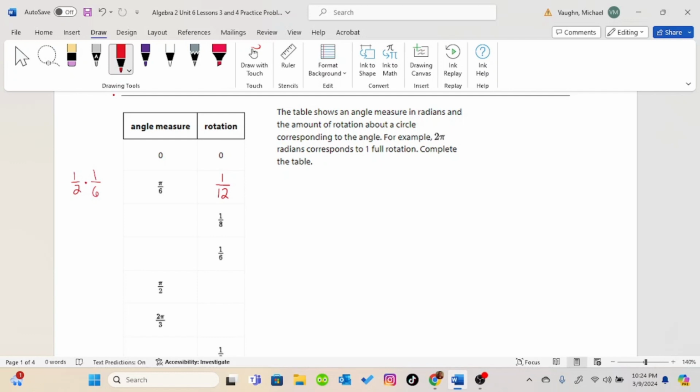Next, we have 1/8 of a rotation around the circle. So if we have gone 1/8 of the way around the circle, then to make that the angle measure of the full, we would say this was pi over 4.